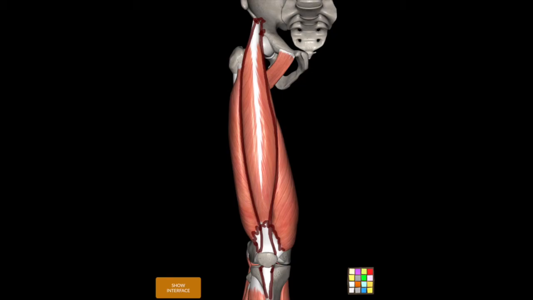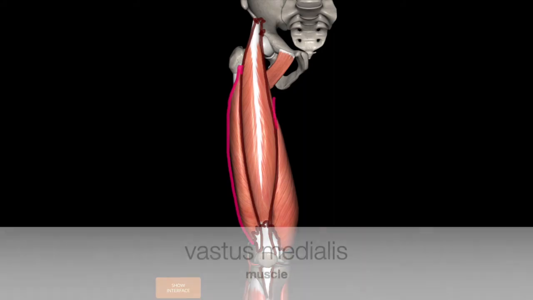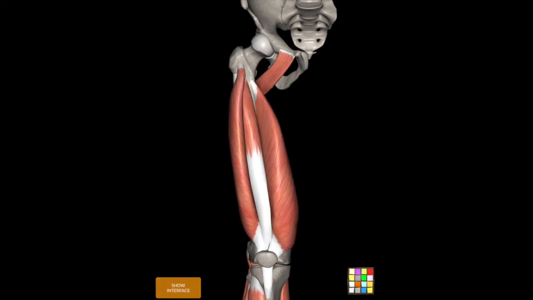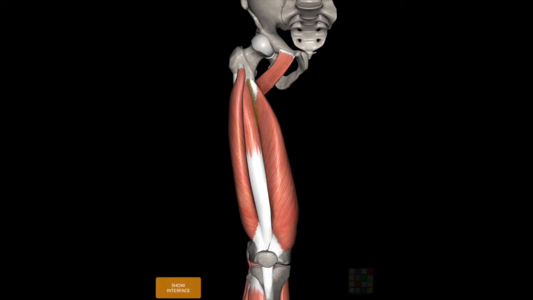Rectus femoris is flanked by vastus lateralis and vastus medialis. The fourth in the group is deep to rectus femoris, so we'll remove it to reveal vastus intermedius, which is sandwiched in between vastus lateralis and medialis deeply.